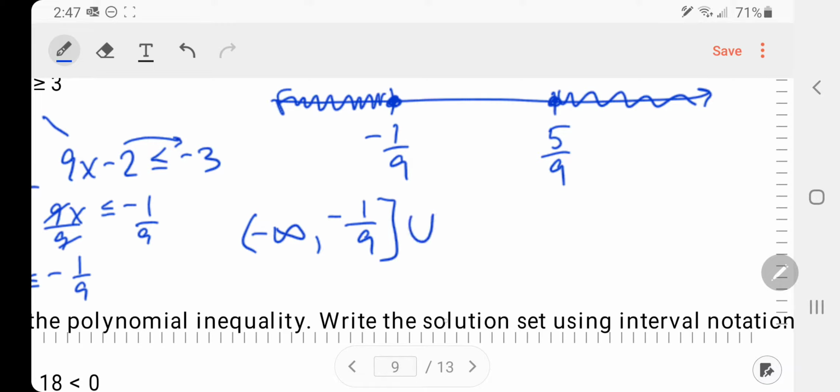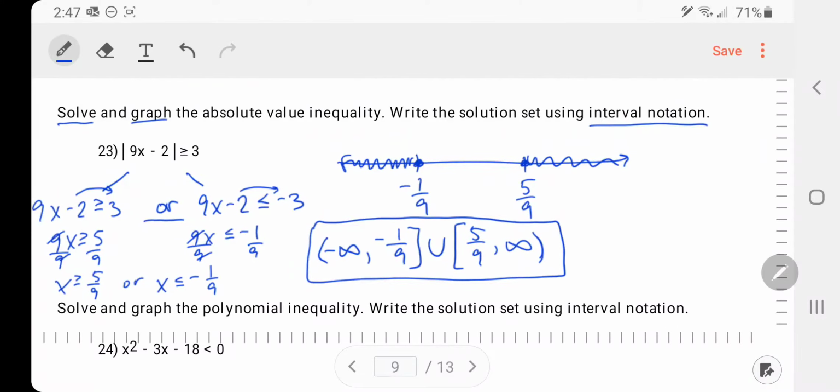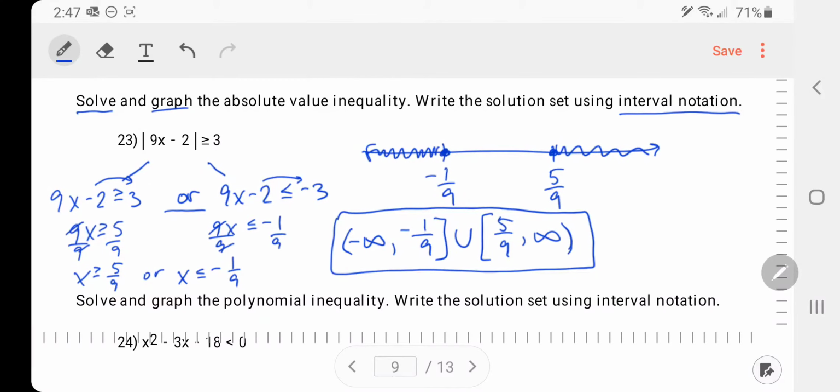And then we're going to have a union symbol because the U is the glue that sticks the 2 pieces together. So then we're going to pick back up at 5/9, and the shading continues forever to infinity and beyond. And so there is the solution set in interval notation, and there is a complete shot of that problem.